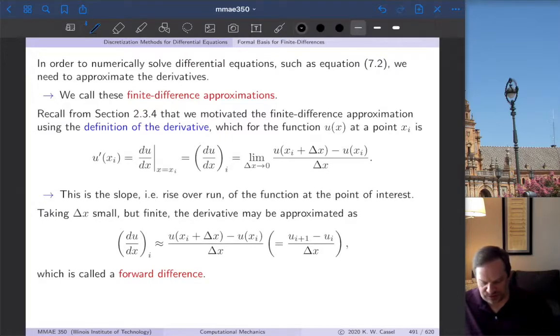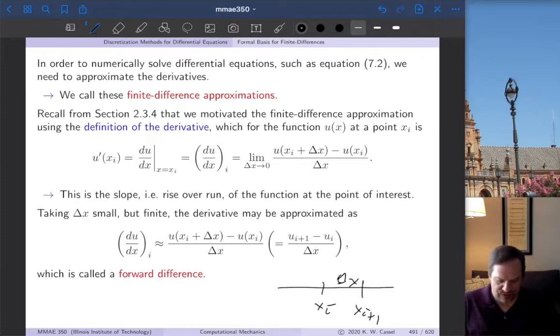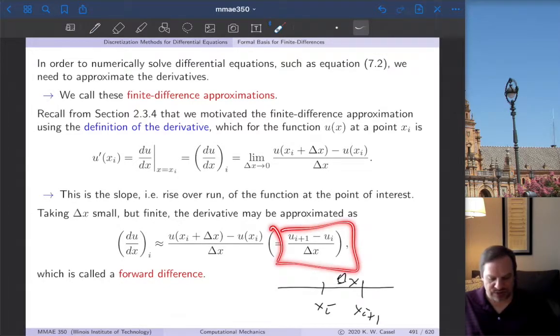So we'll often look at our x like this: x sub i, then x sub i plus 1, with a delta x between them.